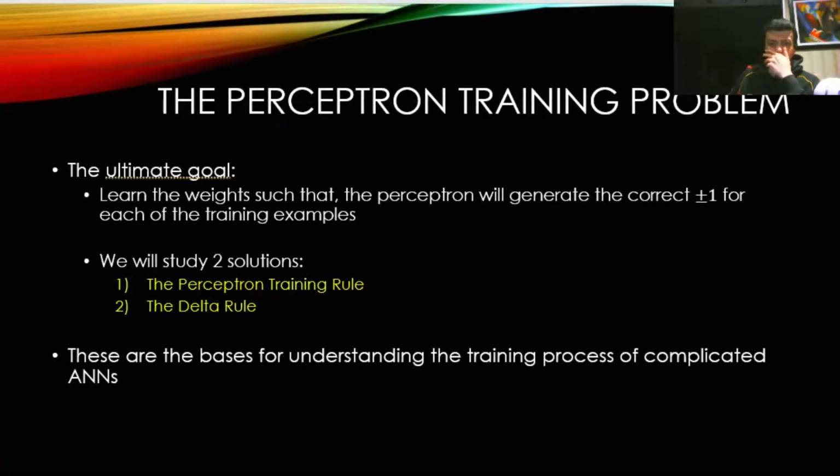Before I continue, there are two main solutions for training a perceptron, and more generally, you could say training a neural network. One is the Perceptron Training Rule, which we're going to discuss today, but the more general and stronger one that is all about backpropagation, about gradient descent, all those fancy words that you might have heard, will fall under the second category called the Delta Rule that we're going to talk about later.